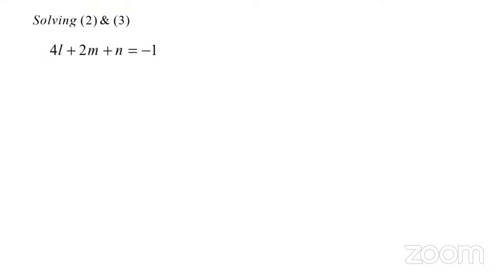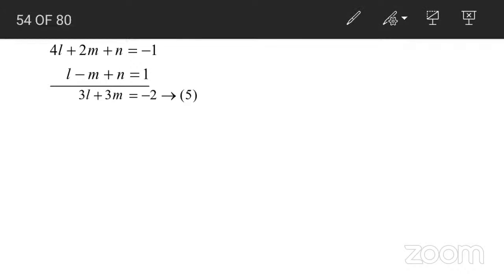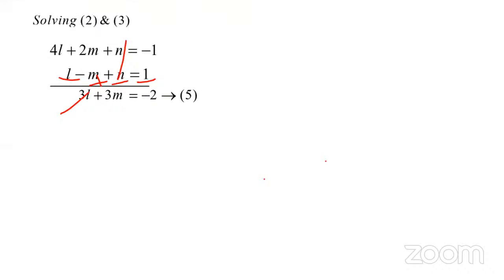Solving 2 and 3: 4l plus 2m plus n equals minus 1, and l minus m plus n equals 1. Subtracting, n cancels, and you will get 3l plus 3m equals minus 2.